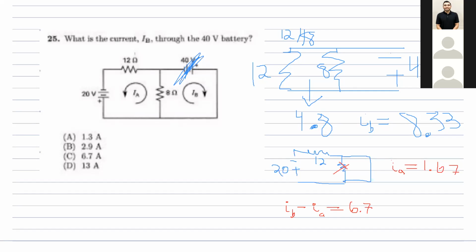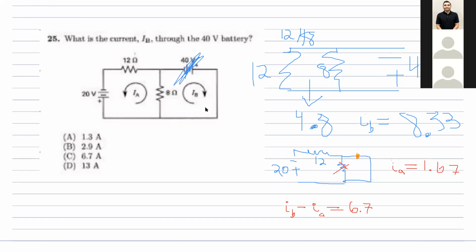I don't know if I lost any of you guys, because trying to annotate this is hard. So, explain to me one more time why you shorted the 8 ohms. Oh, because if you kill the 40, right, you just get a wire. The 40 is supposed to be right here. This is where the 40 would have been.